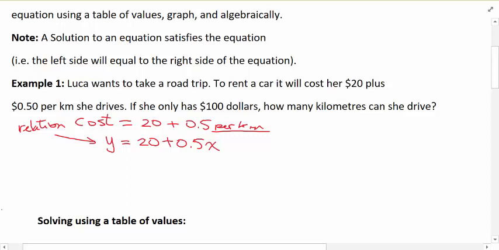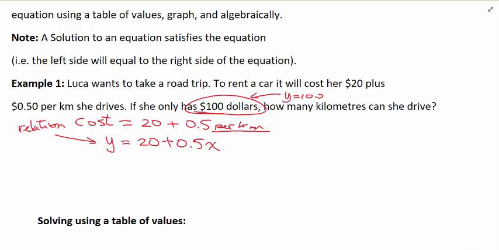Now, it does give you more information in this question, and the question here gives you this piece of information. And tell me, what value is that for? Which variable is that for? It is for y, right? This is the cost, right? So this is y equals what? 100. So what did I say? If you know the value of the variable, what do you do with it?